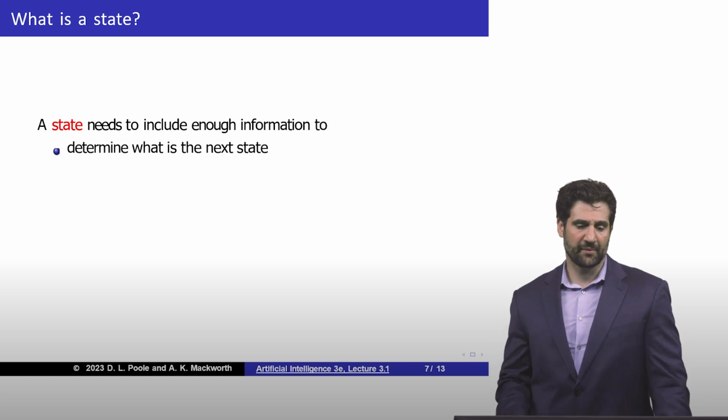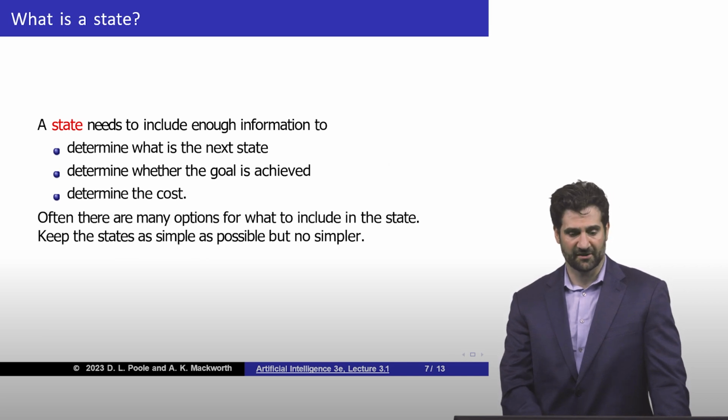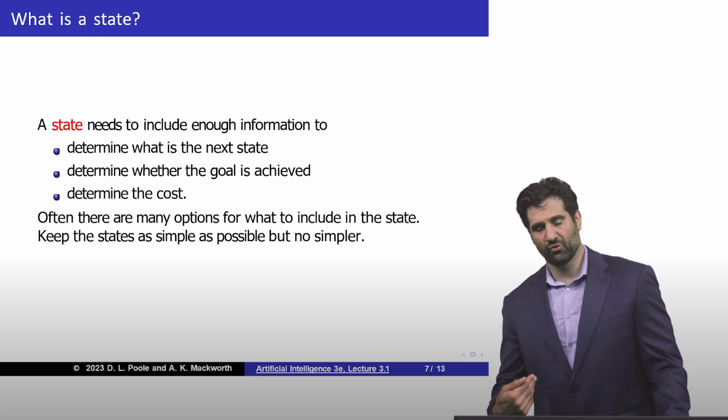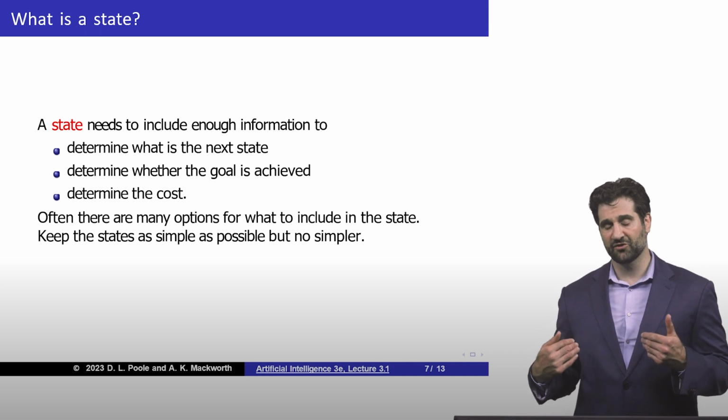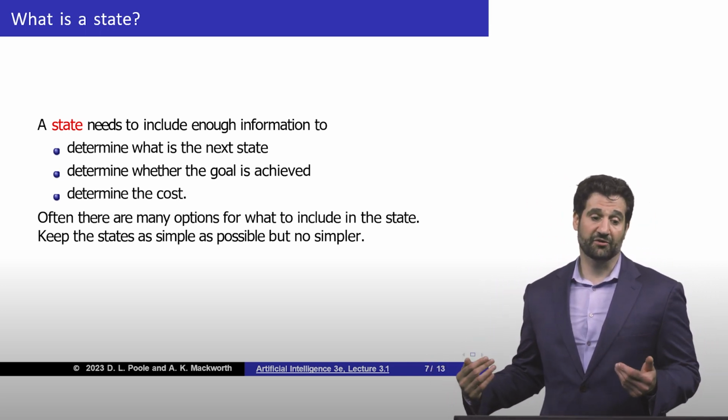Okay, so let's get back to a state. Basically, in the state, you need to include enough information to determine what the next state is, whether the goal is achieved, and the cost to have gotten there. There are several options for this. You want it as simple as possible, but if you lose information, that is an oversimplification.